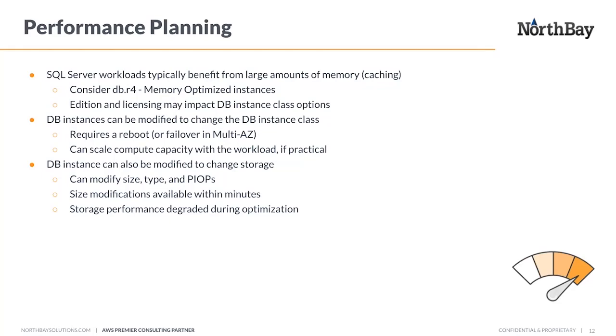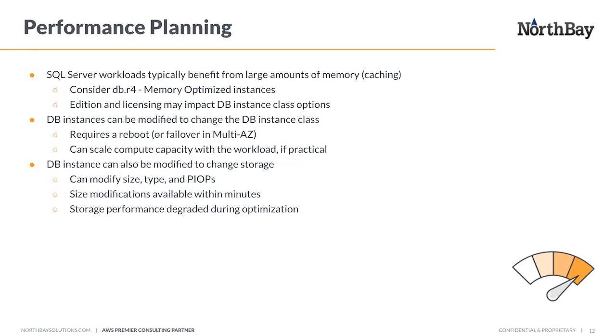So I'm in no way an expert in those areas. I go with the recommendations generally and try to seek help from the people who have expertise in this licensing and pricing model, because they do different cost benefit analysis and whatnot, and then they come up with the recommendation. But in general, consider the DB-R4 family, and it's a memory optimized instance.